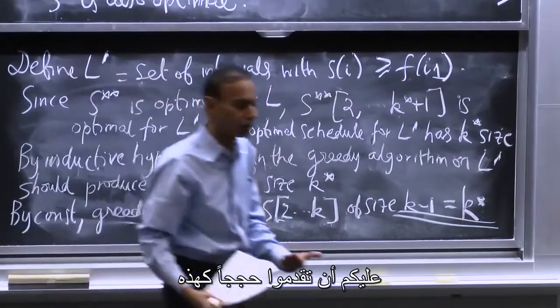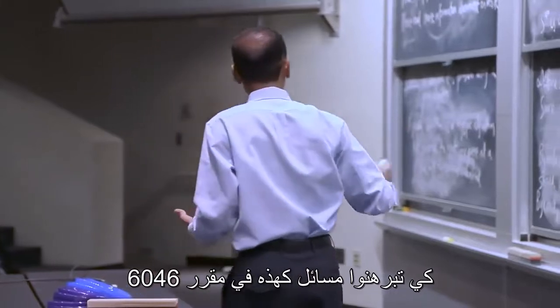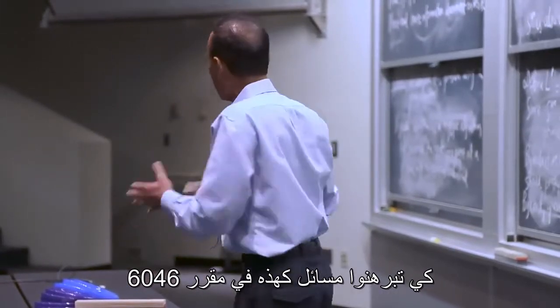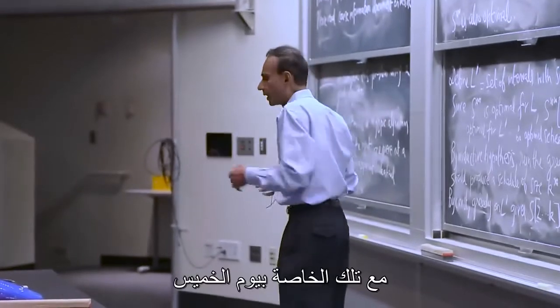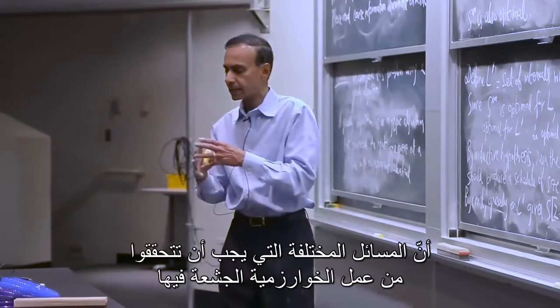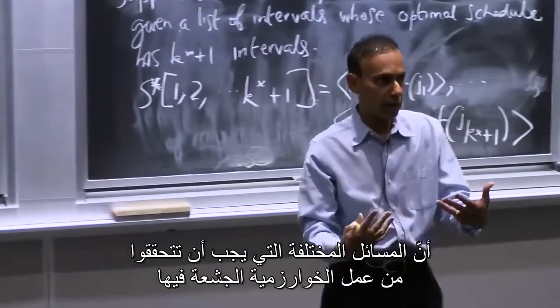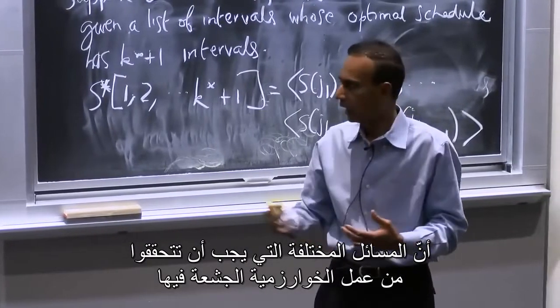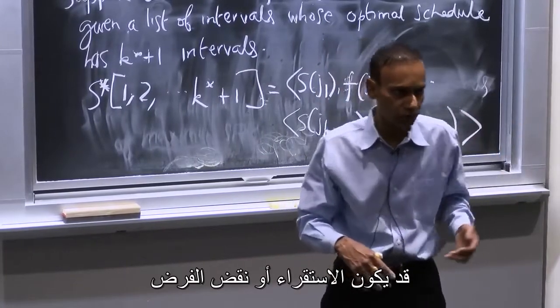So that's the kind of argument that you'd have to make in order to prove something like this in 046. And what you'll see in your problem sets, including the one that's going to come out on Thursday, is a different problem that you'd have to have a proof for a greedy algorithm for. I forget exactly what technique you'll have to use there, perhaps induction, perhaps contradiction.